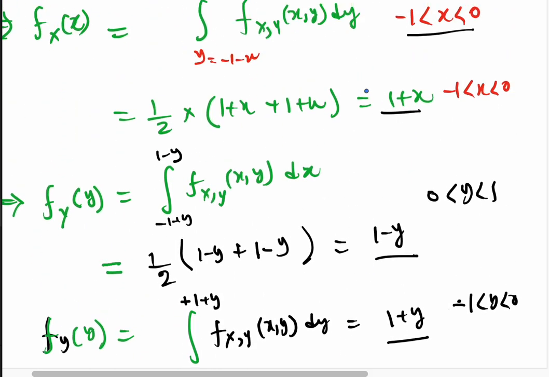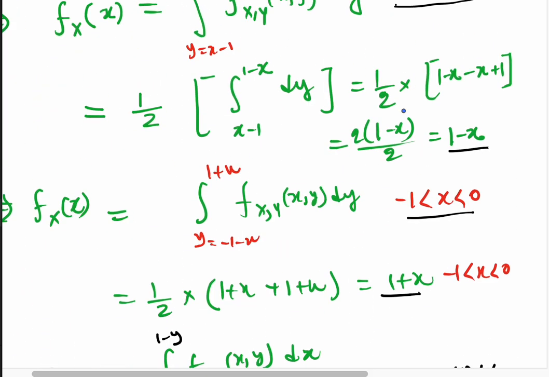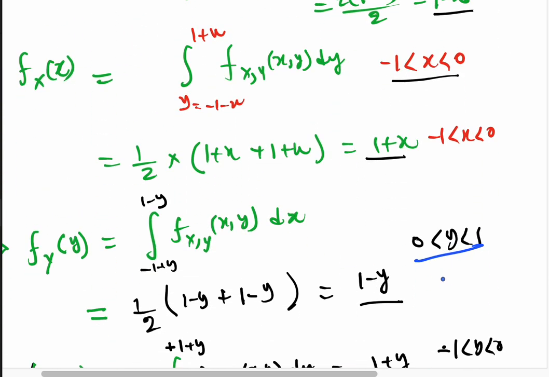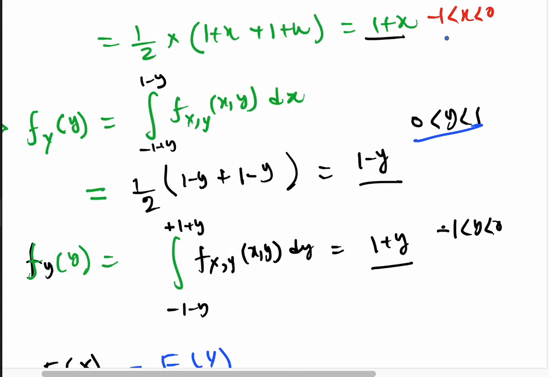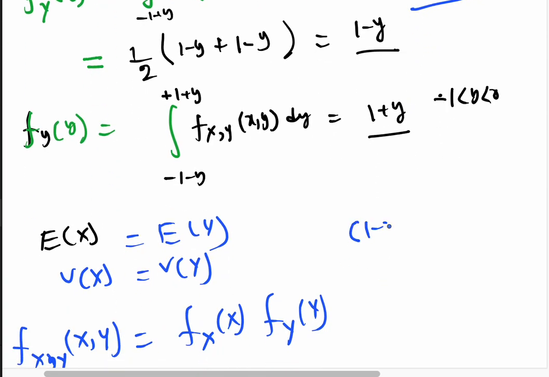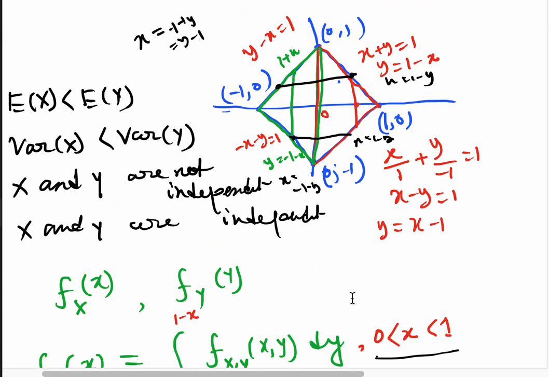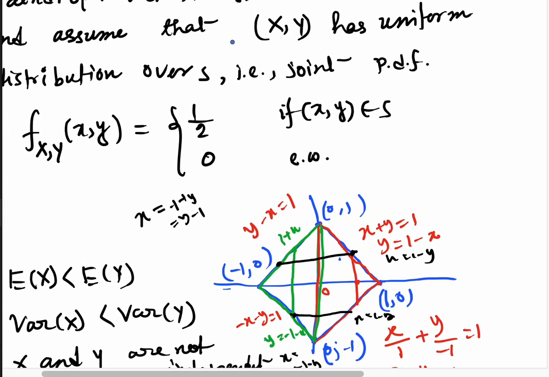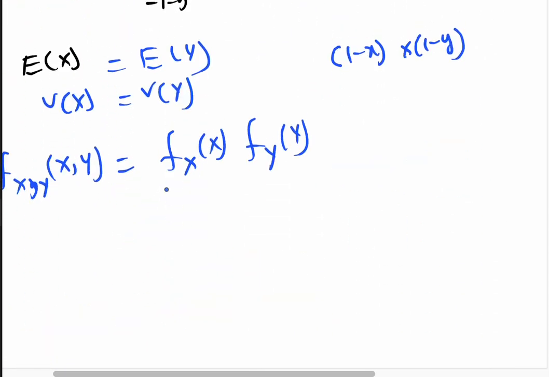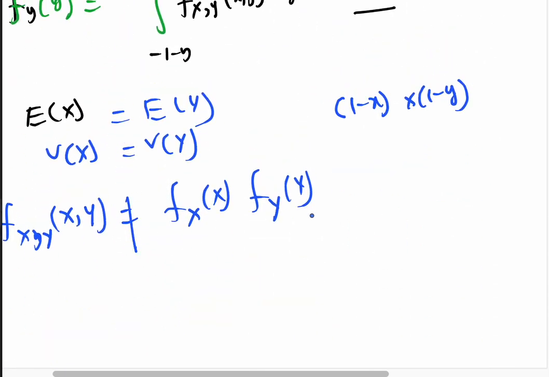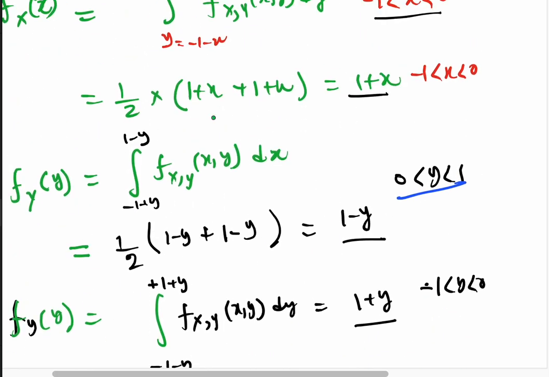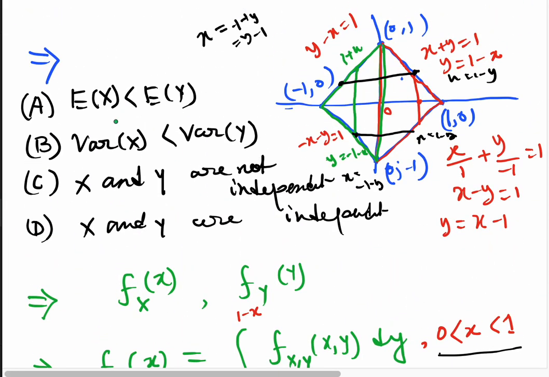If we multiply in the region 0 to 1, we get 1 minus x multiplied by 1 minus y, but the joint probability there is half. So f(x,y) is not equal to fx times fy, which means these variables are not independent. So that answer is correct.